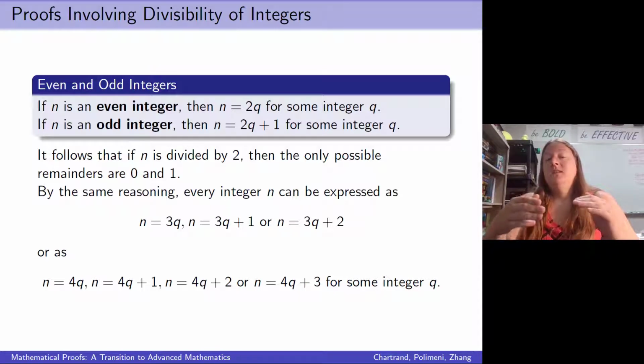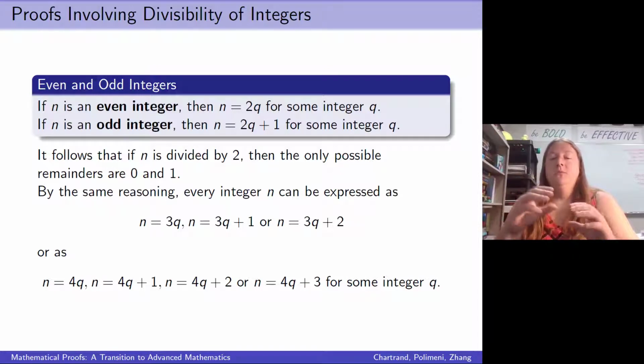Similarly, if we divide by 3, our possible remainders are 0, 1, and 2. So I can also think about integers as being written as multiples of 3, multiples of 3 plus 1, and multiples of 3 plus 2.